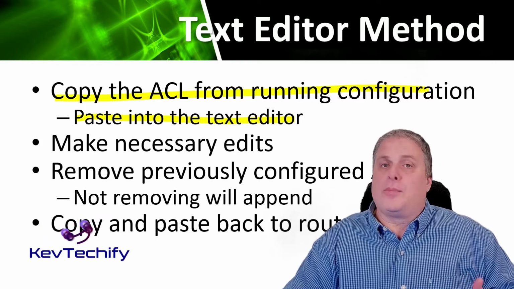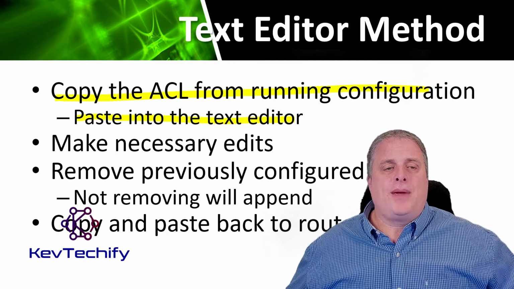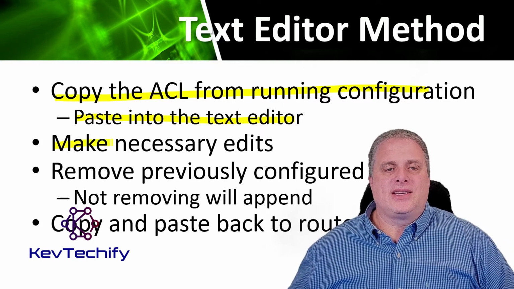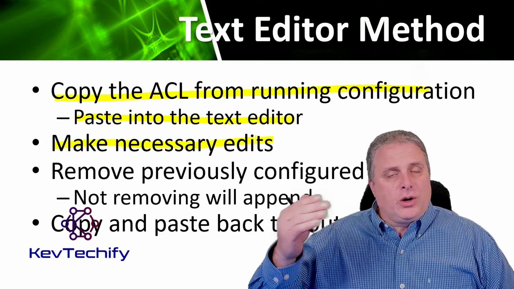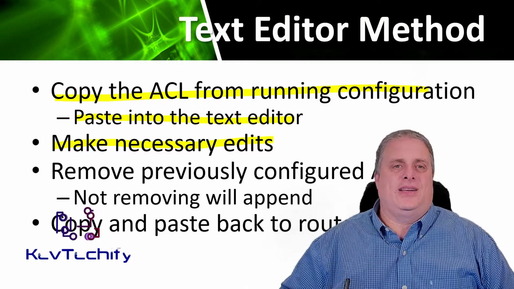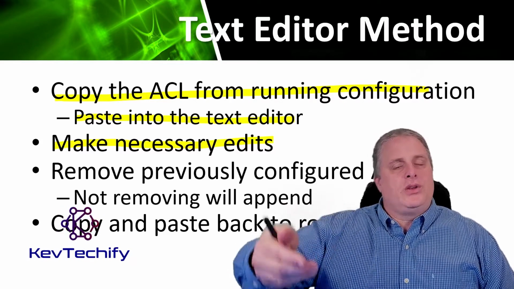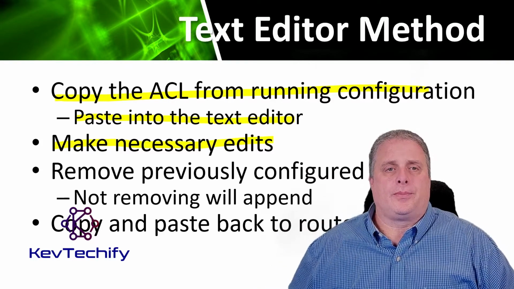Notepad++ is another great tool to use. Once you've got it pasted in there, you can make the necessary edit changes. Whatever changes you want to make to that access control list, you can make in there. You can even reorder them. You can take out access control entries, make all the changes you want.